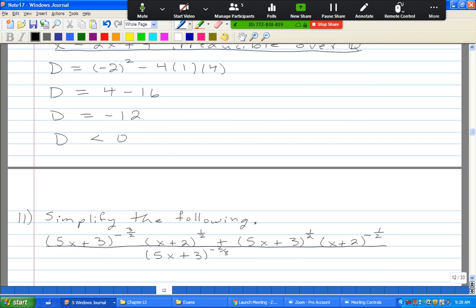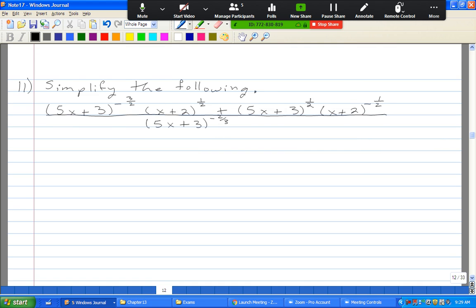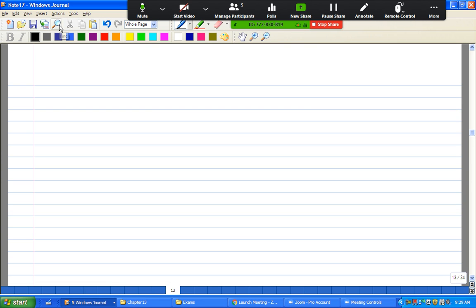And so if my discriminant is less than 0, then I know that this means that we have two unequal non-real complex roots.